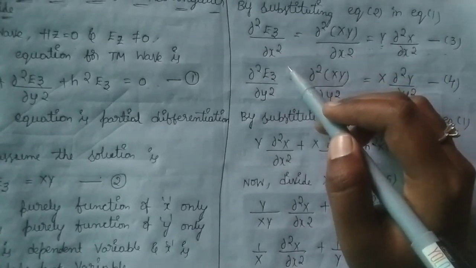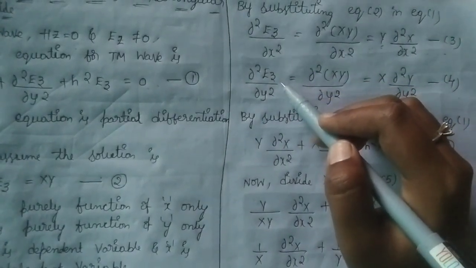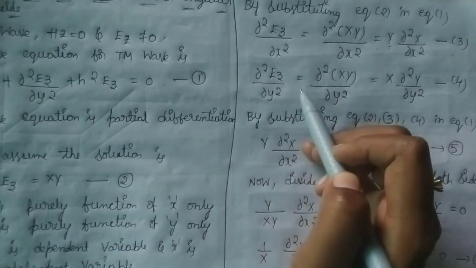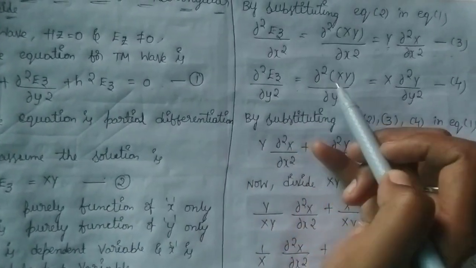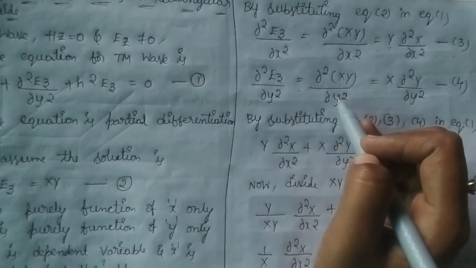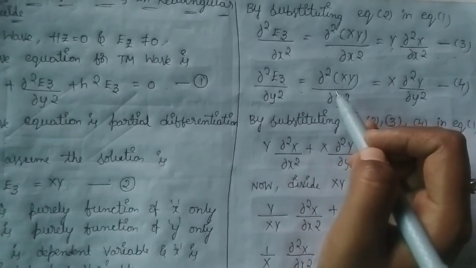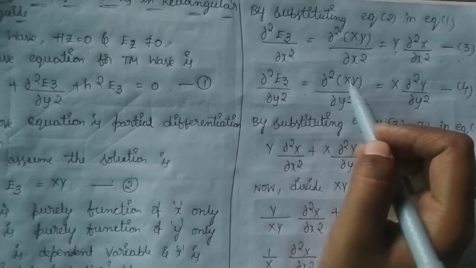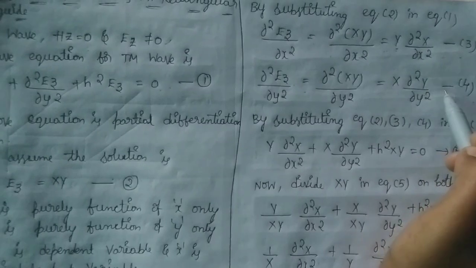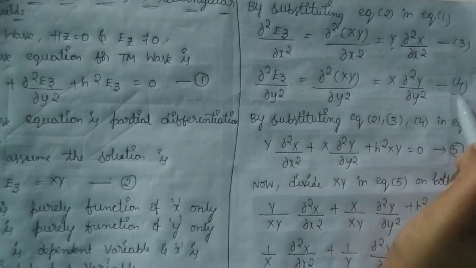And another one is dou square Ez by dou y square, which is equal to dou square of XY by dou y square. Here we are differentiating with respect to y, so X becomes constant. So X dou square Y by dou y square. Consider this one as fourth equation.